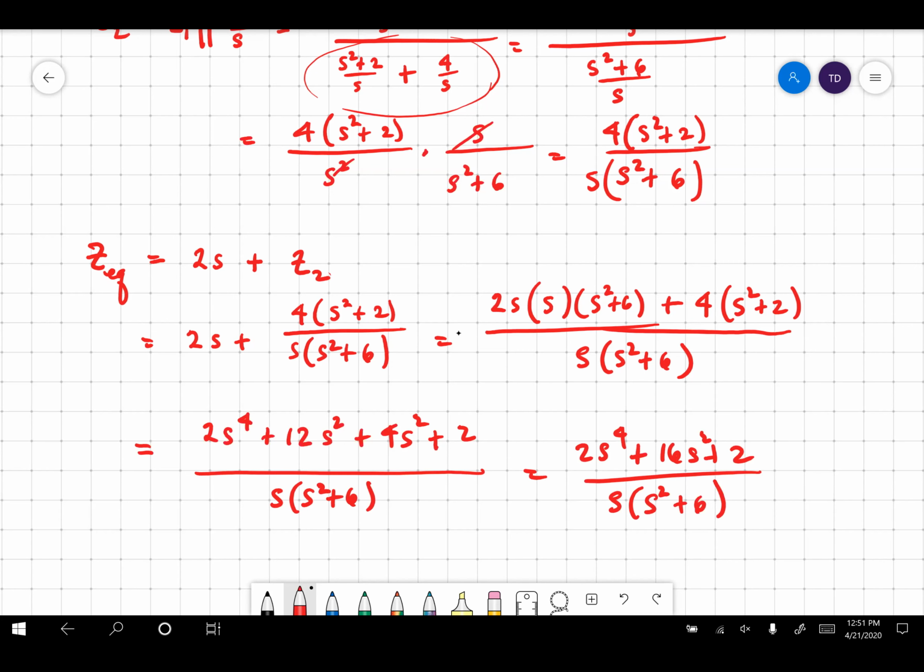So that's just an example of using the series parallel combinations in the Laplace domain. We can do that. My units are ohms.